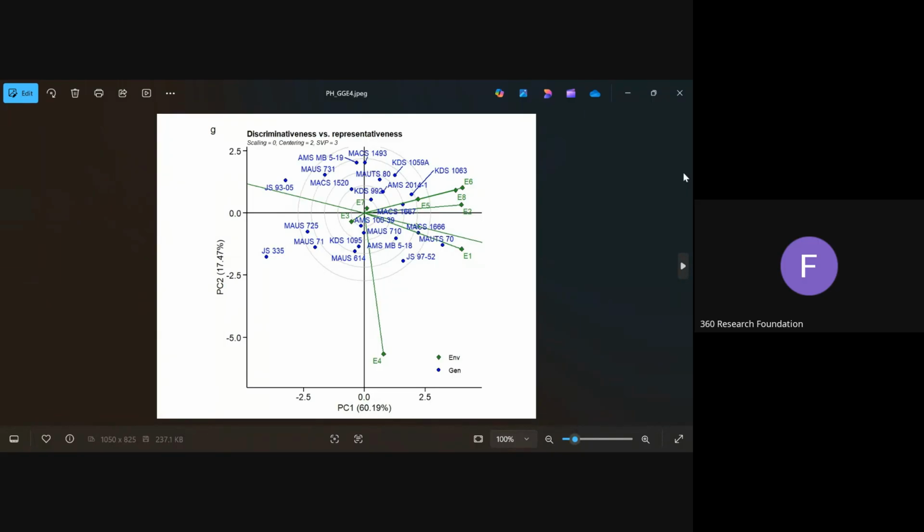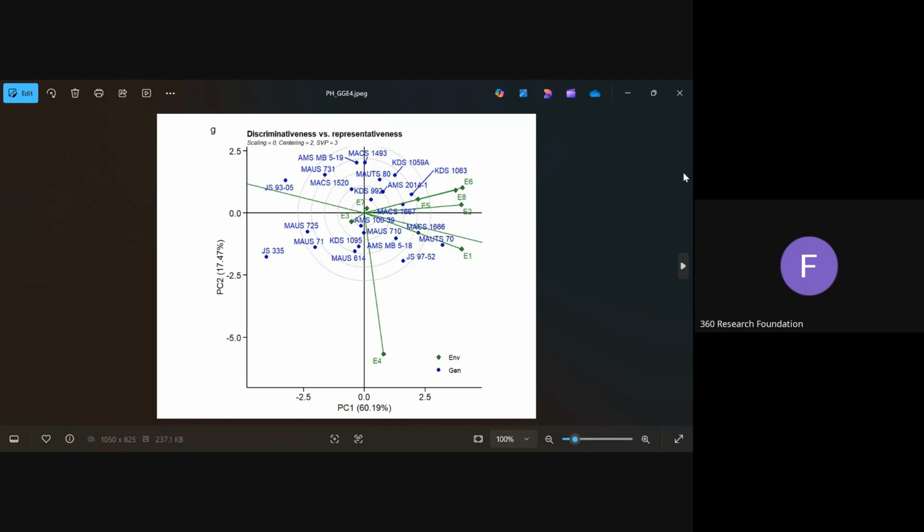Then just observe environments E2, E5, E8 and E6 also, those 3-4 environments, 2, 5, 6, 8. They have more discrimination as they are far from the origin, along with E4.